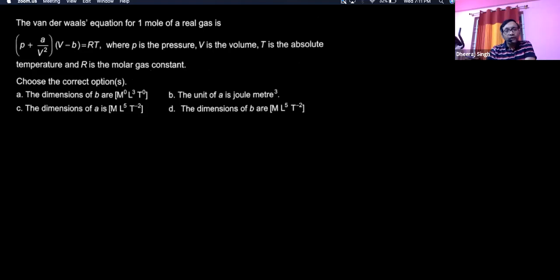You don't need to know anything about R. Dimension of B will be what?